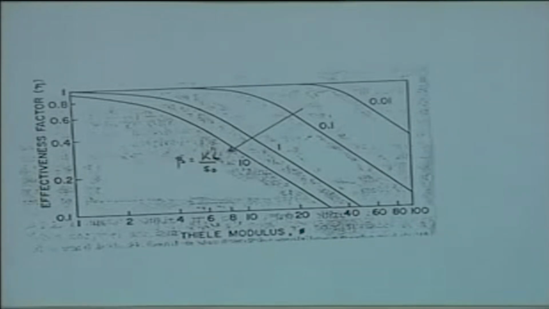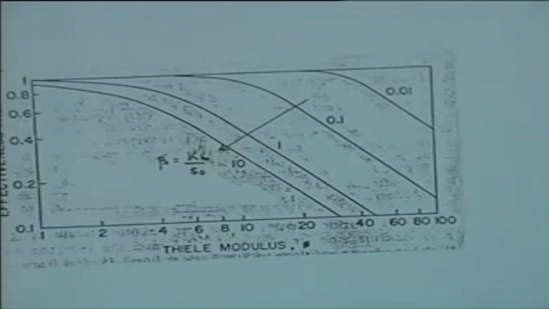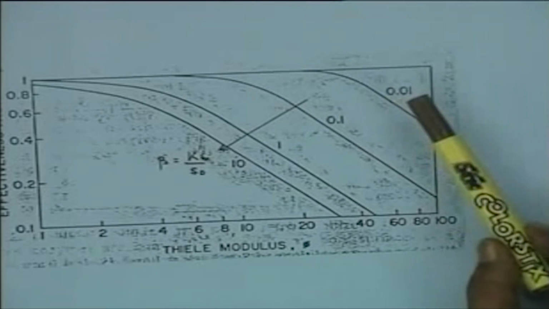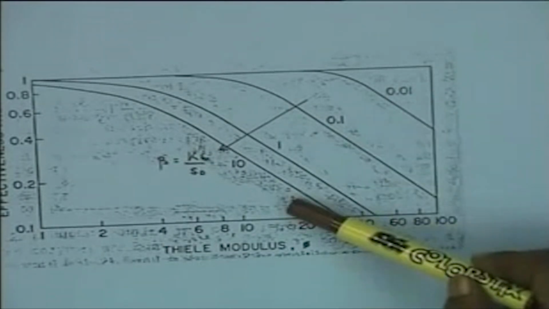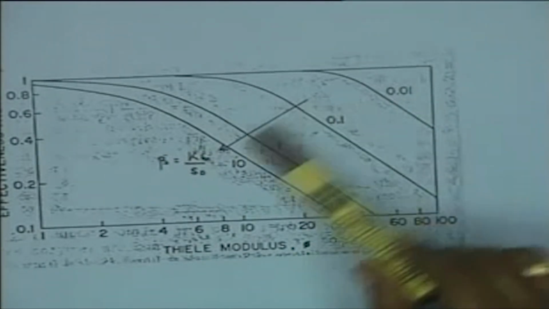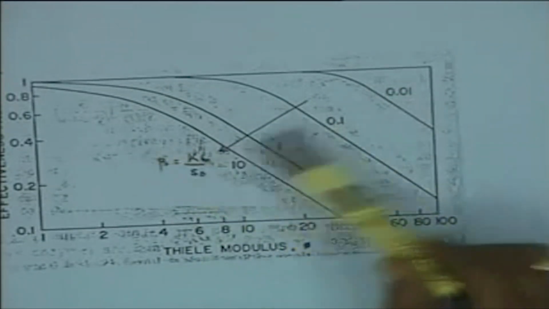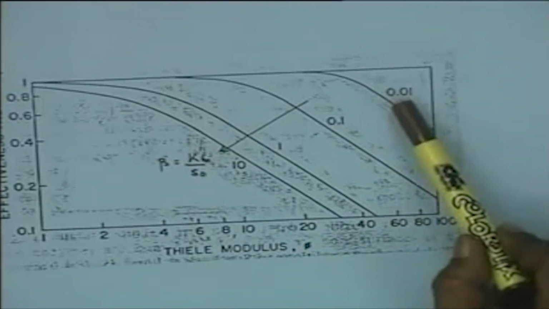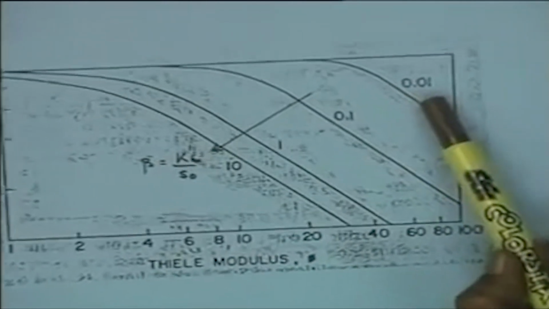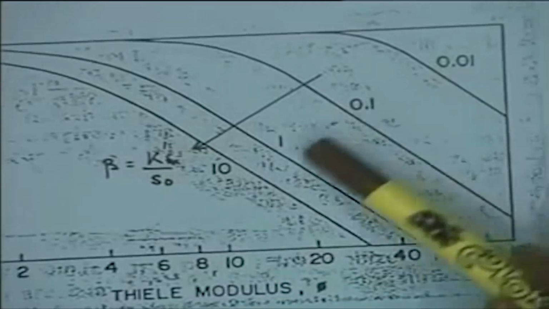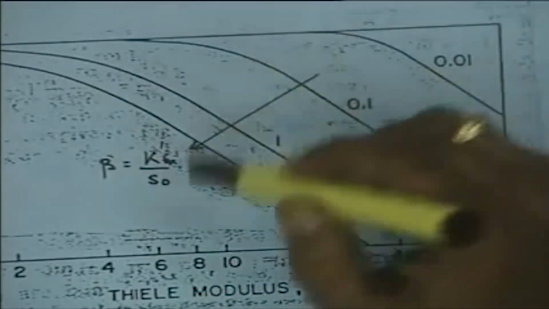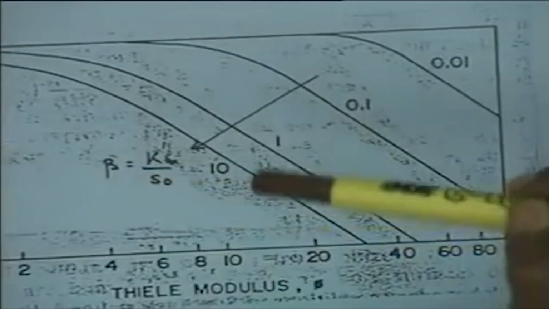Again it shows the effect of the shift from 0 order to first order. The shift is when K dash m is very small, when beta is small, the K dash m upon S naught is also small, and whereby you see the effect of beta on the effectiveness factor as a function of Thiele modulus.